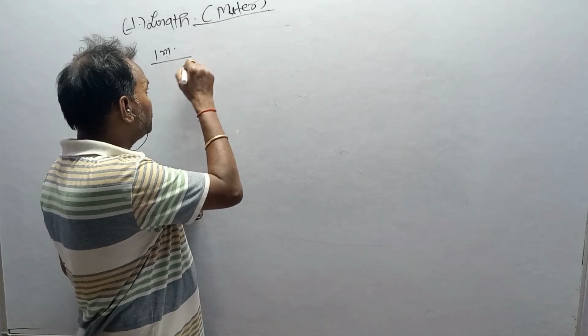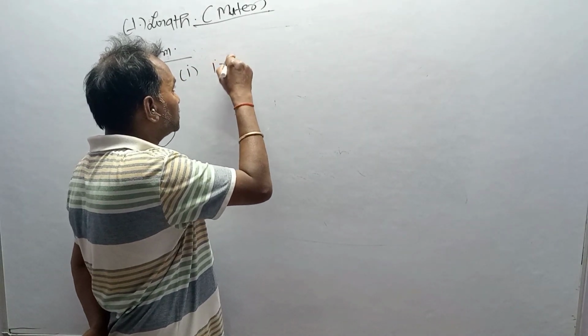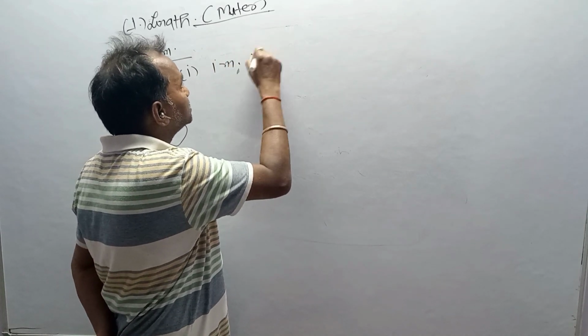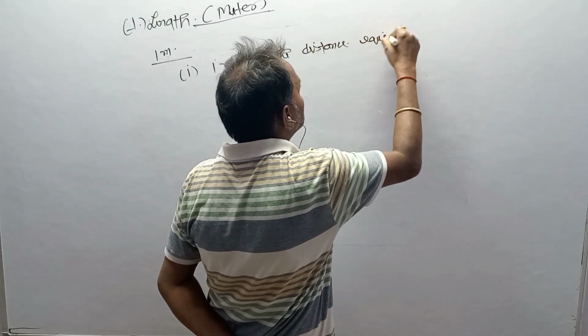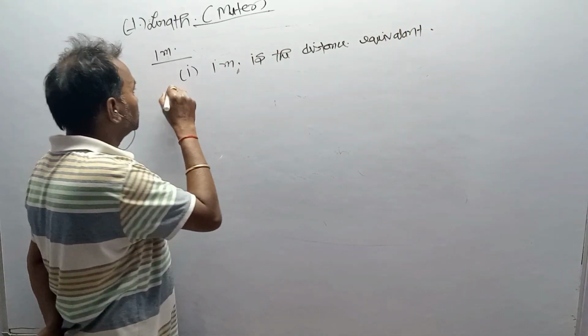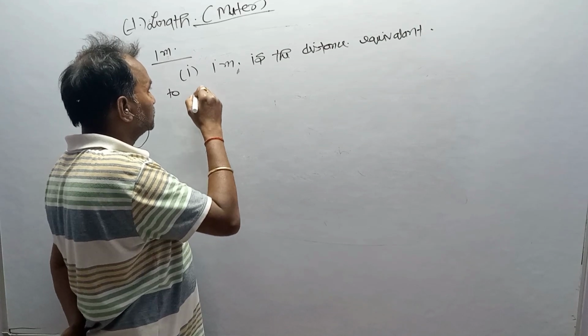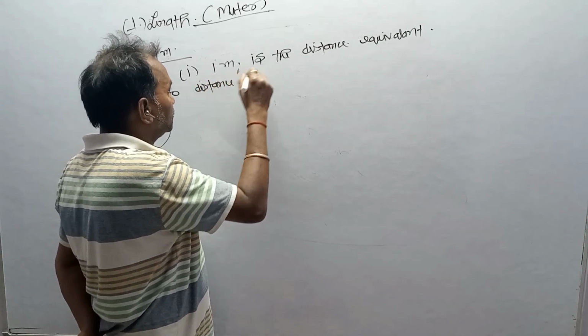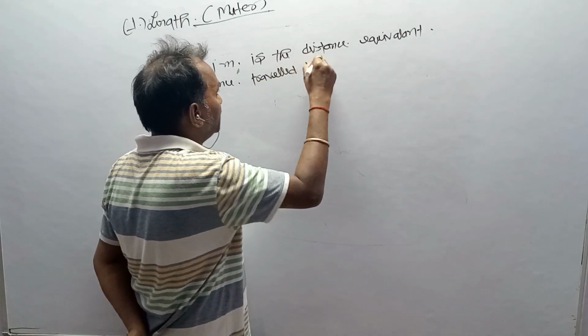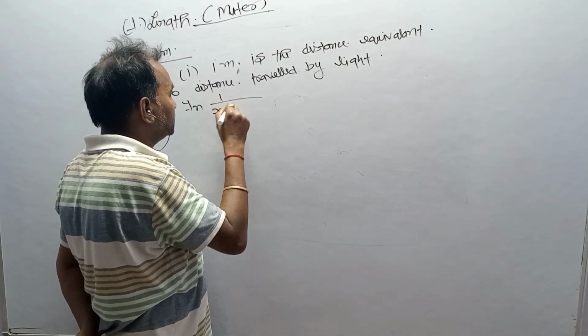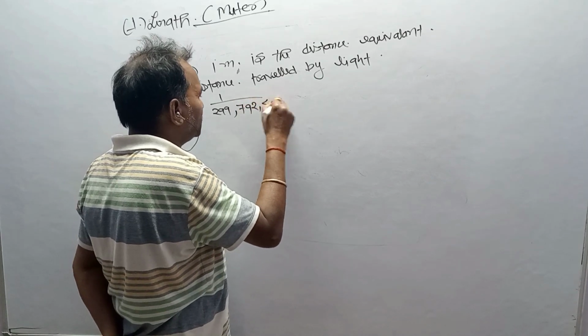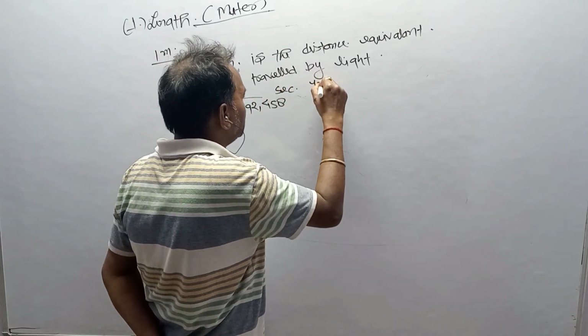The very first definition: this 1 meter is the distance equivalent to the distance traveled by light in 1 upon 299,792,458 seconds in vacuum.